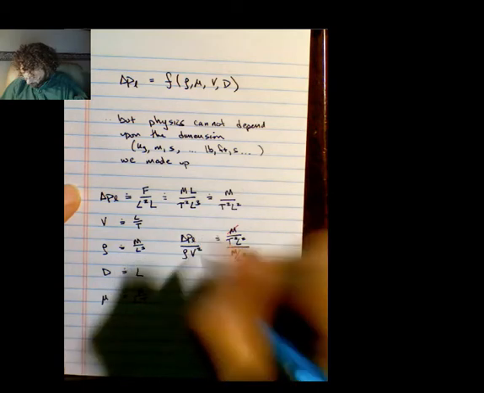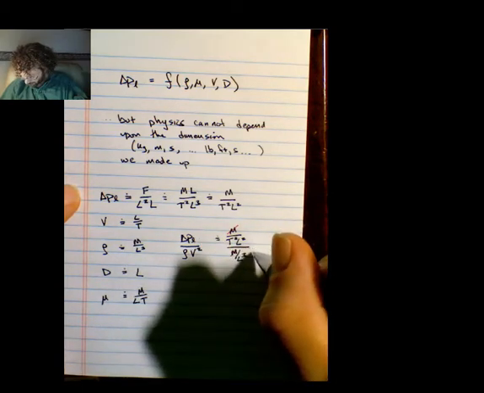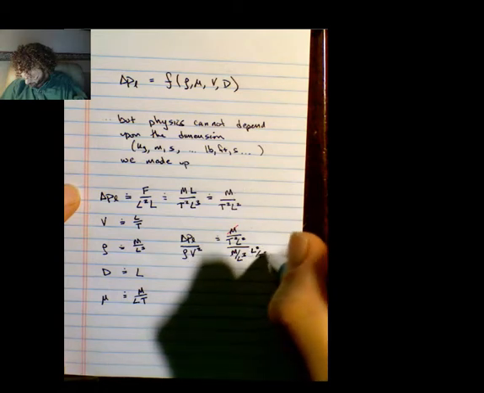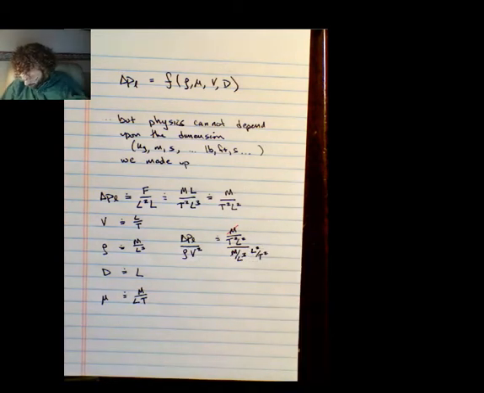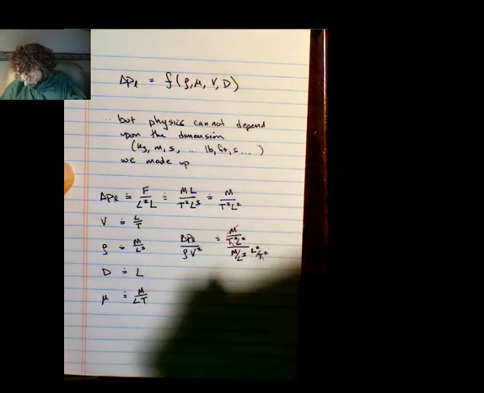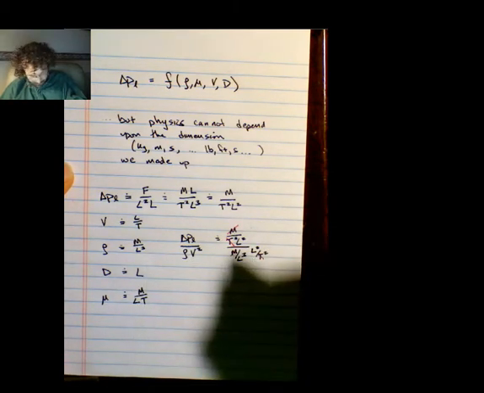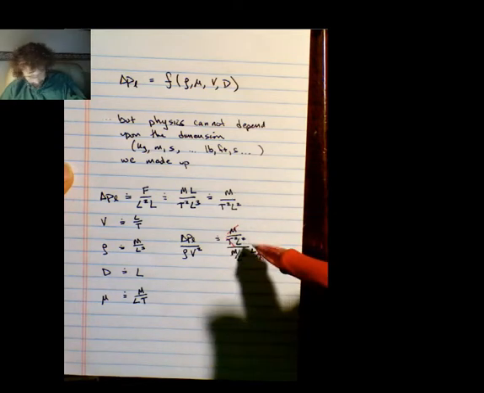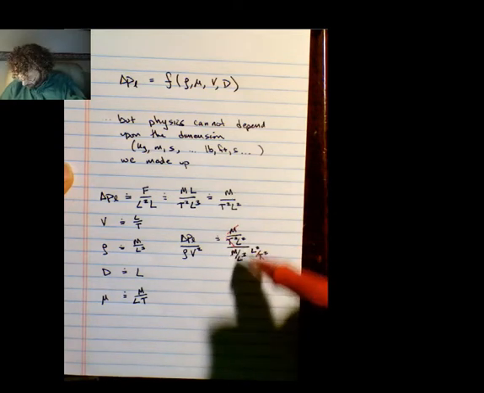So, velocity squared. And so if I do velocity squared over here, that's a length squared per t squared. And you can see why I did that, because now that t squared and that t squared cancel. And what do I have here? This is 1 over L squared, and this is 1 over L. It's an L squared over L cubed.